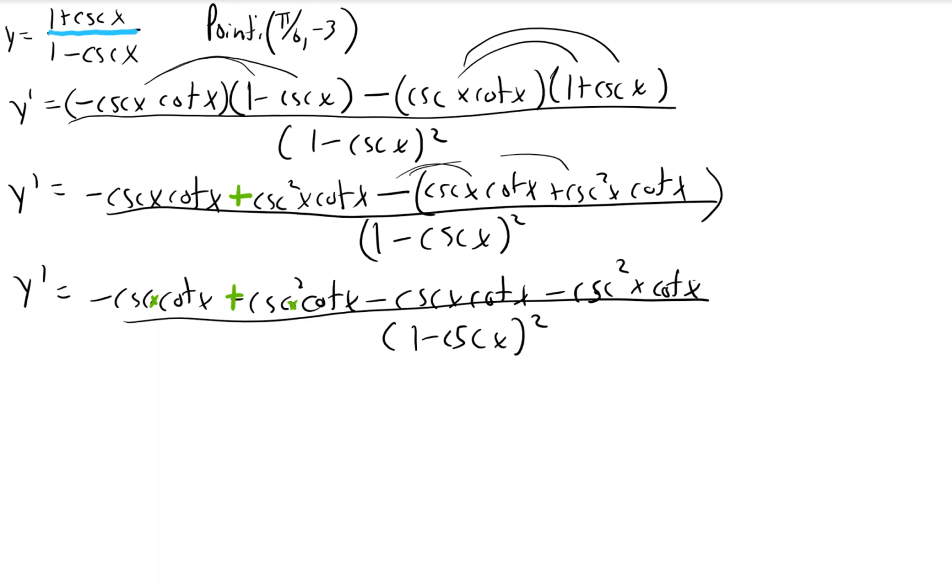Like I said, I was hoping some stuff would cancel and make it look nicer, so I was suspicious that I may have missed something when it wasn't. Not that it has to, but so now these are equal but opposite, and those can cancel out, and these are the same type of thing. They're both cosecant x's times cotangent x's, and they're both negative. So that gives me negative 2 of those.